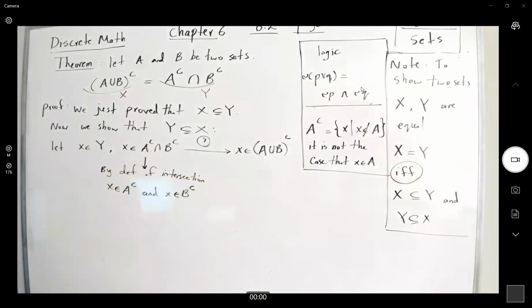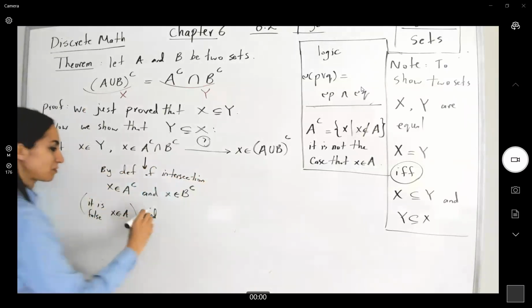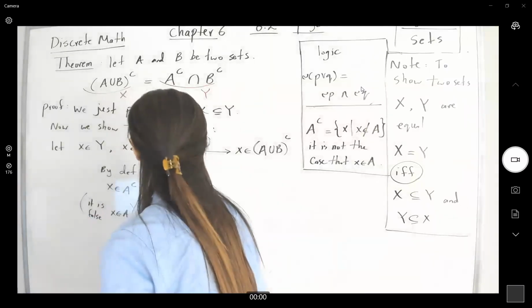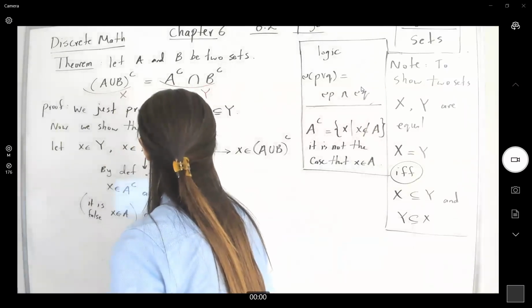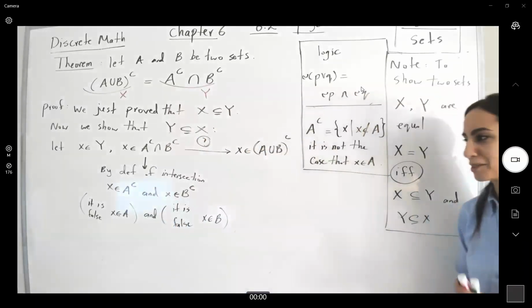Well, okay, what do we have here? It means that X is not a member of A. It's not the case that X belongs to A. It is false that X is in A and it is false that X is in B, or it's not the case that.